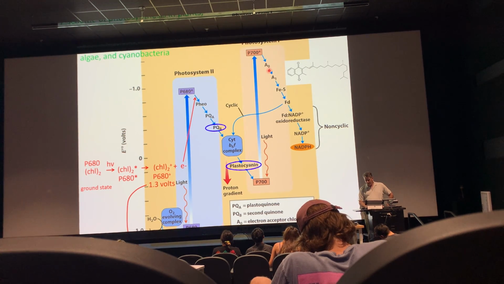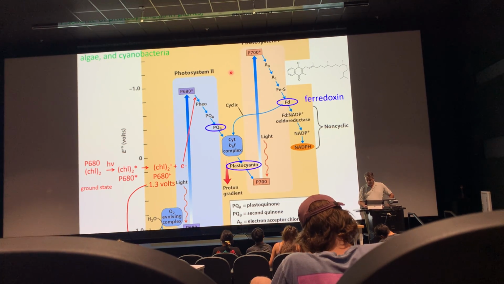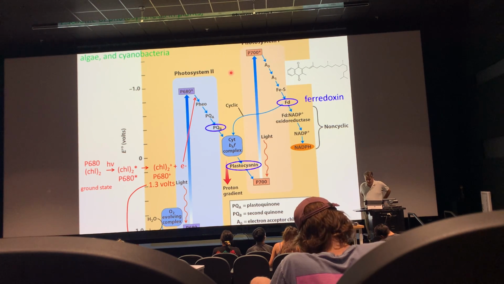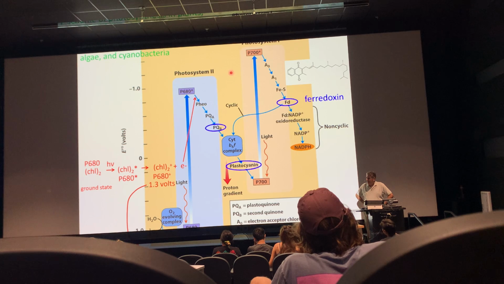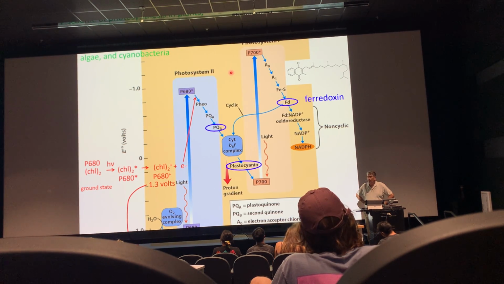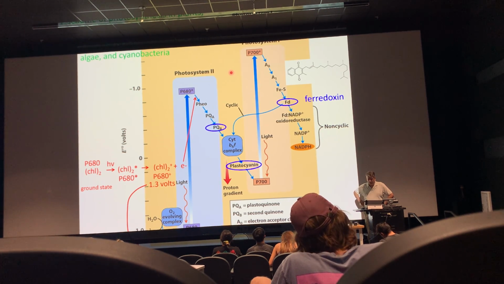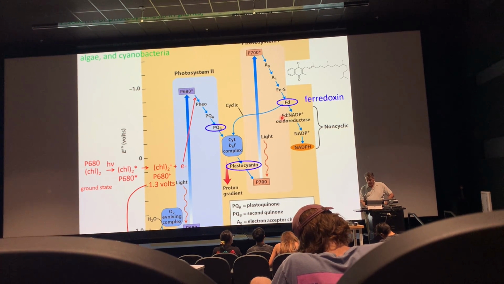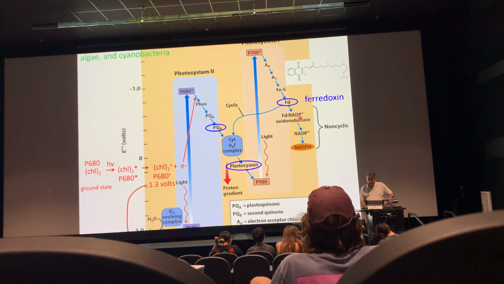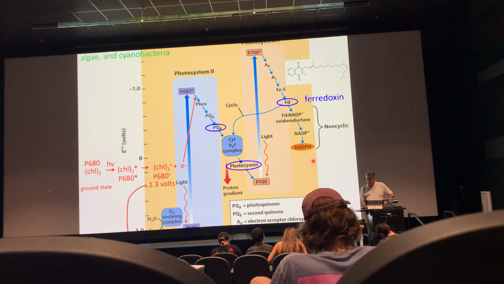The electron goes down through these pigments, including an iron sulfur center. Here's ferredoxin. Ferredoxin is the 3rd carrier. Ferredoxin can only carry 1 electron, no protons. Ferredoxin is going to feed this enzyme, ferredoxin NADP oxidoreductase, to generate an NADPH, okay?